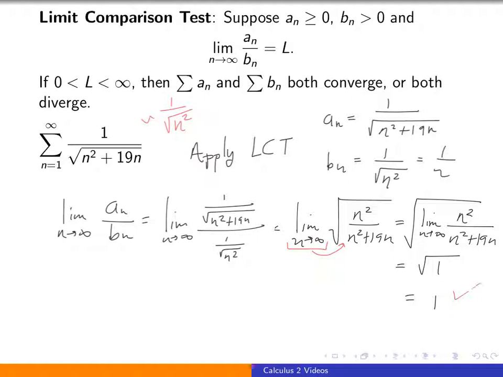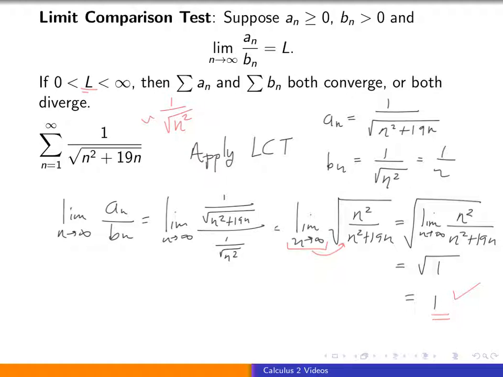And I'm going to put a check. Note 1 is our L value, which is between 0 and infinity. It's a positive finite number. So that means both of these series converge or both of these series diverge. Looking at our comparison series, 1 over n, it diverges, therefore so does the original.